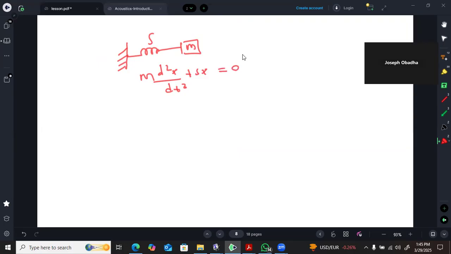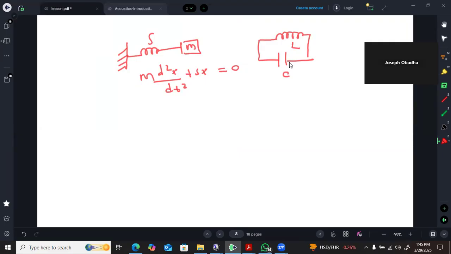So we want to compare this with an electrical circuit where you don't have a source, you have an inductor, then you have a capacitor. So we have L, then we have the C.